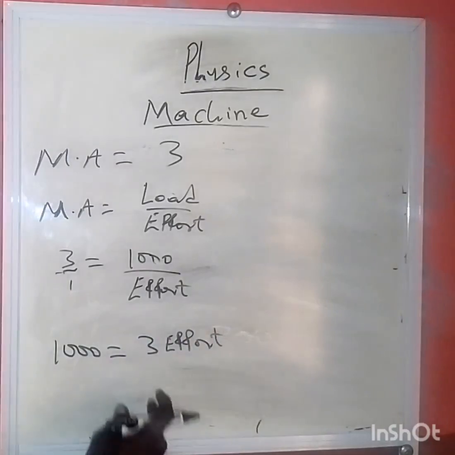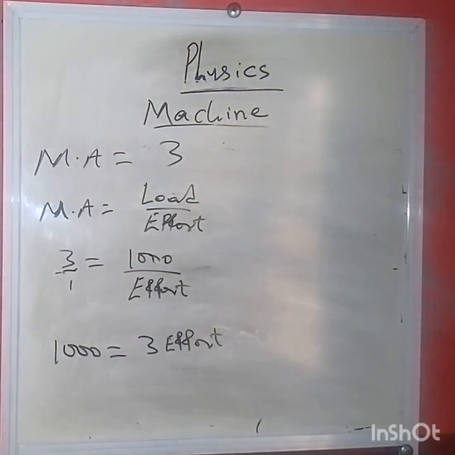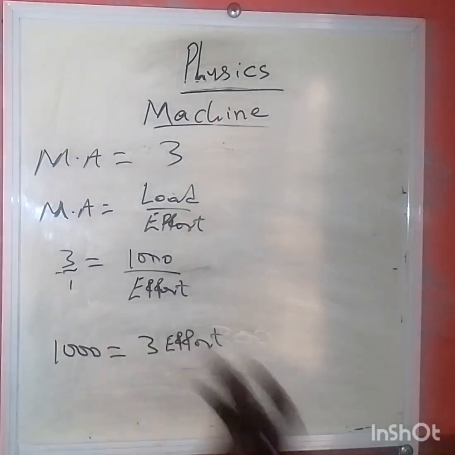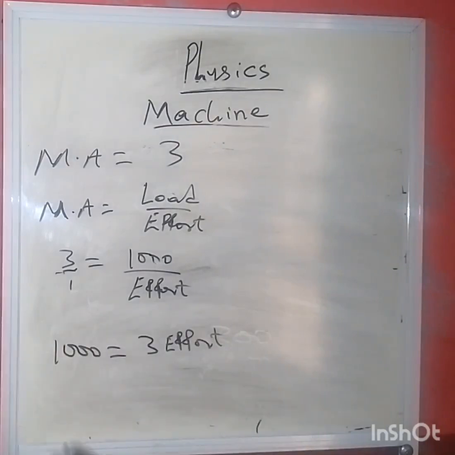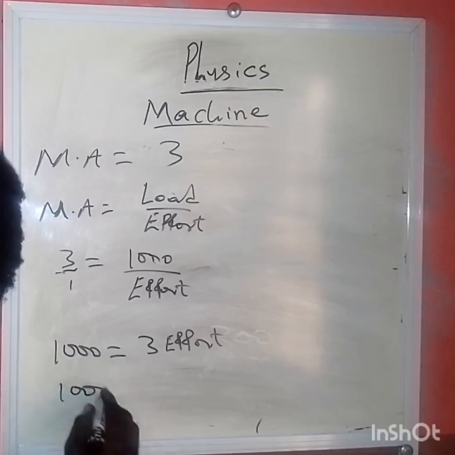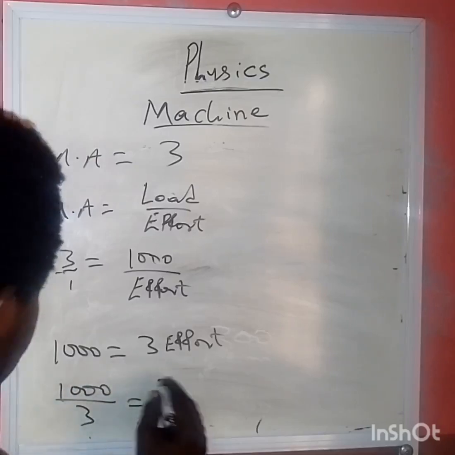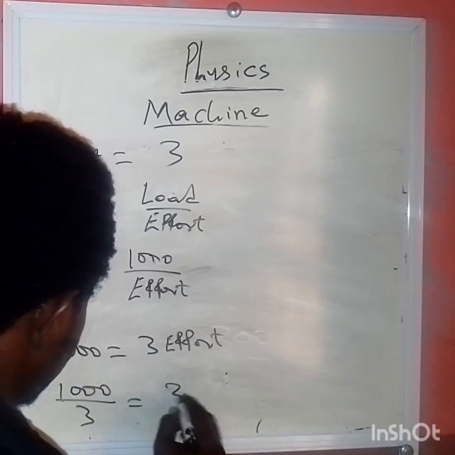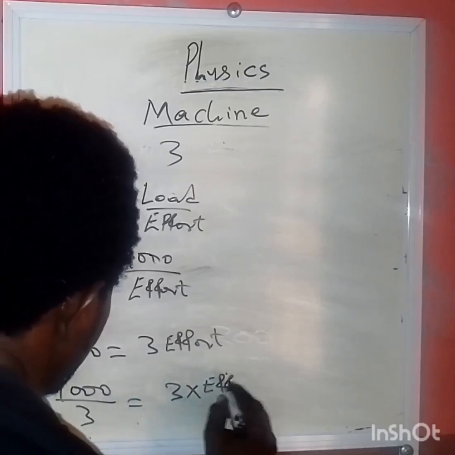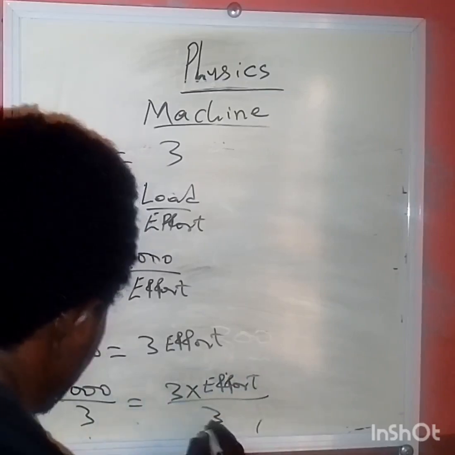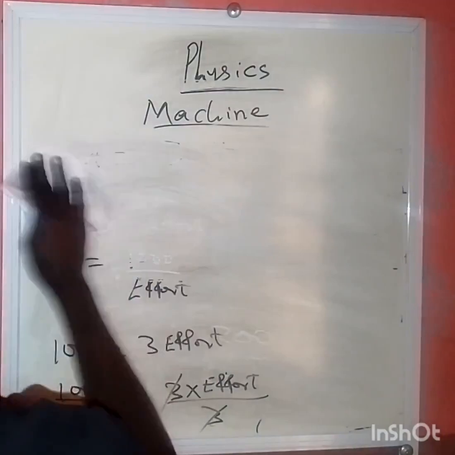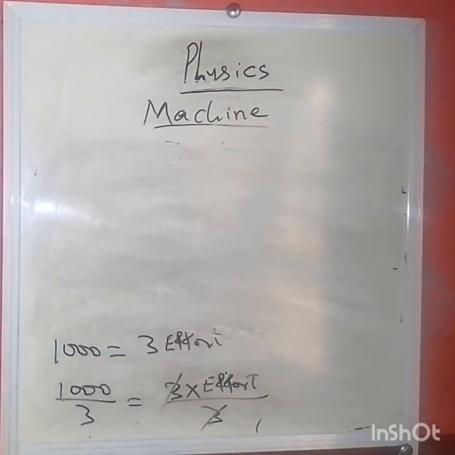Then after that, you can now divide both sides by 3 so that you can be left with effort on one side. So you have 1000 over 3 is equal to 3 times effort over 3. So 3 cancels 3, and we are left with effort.